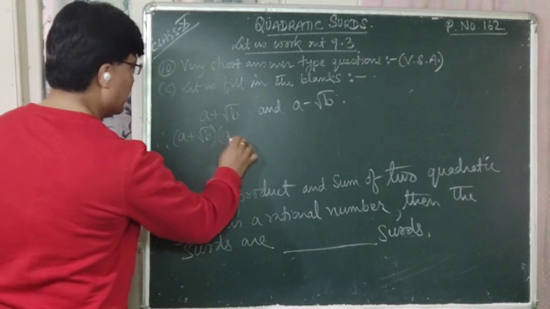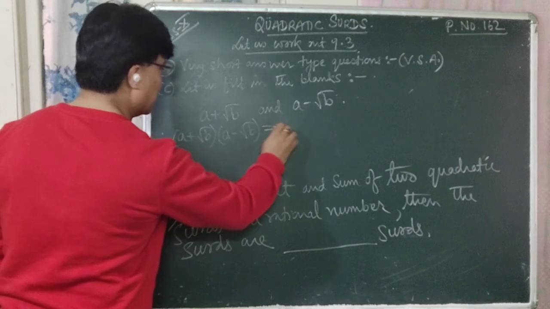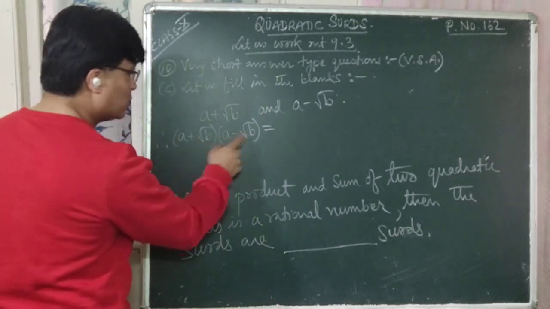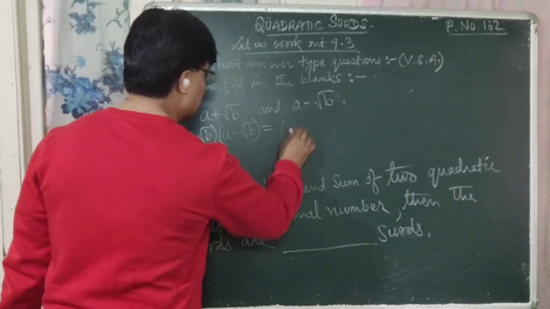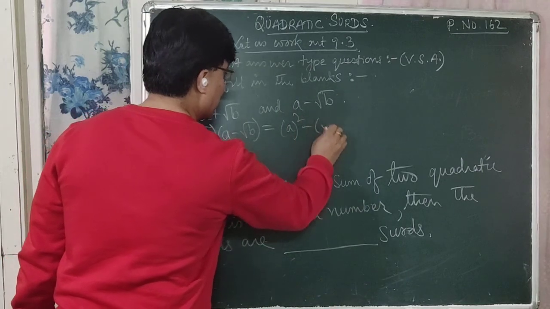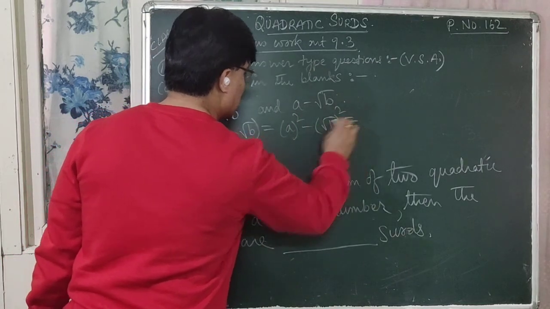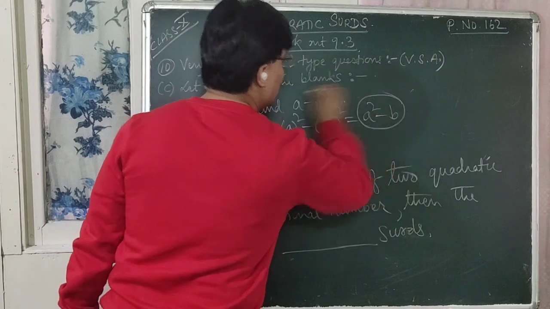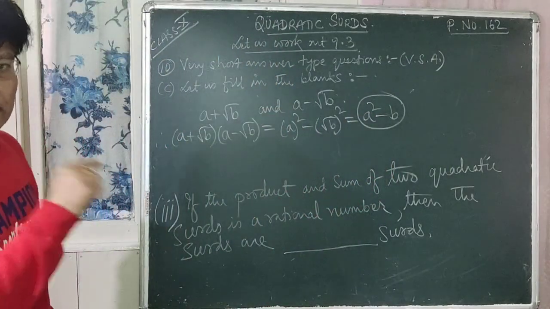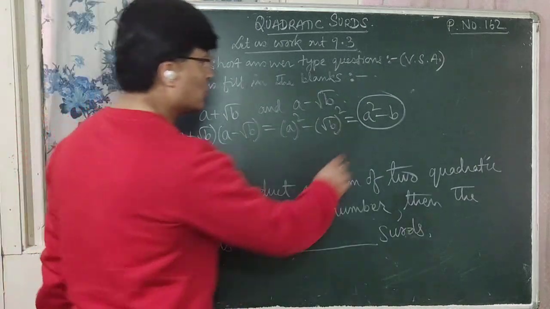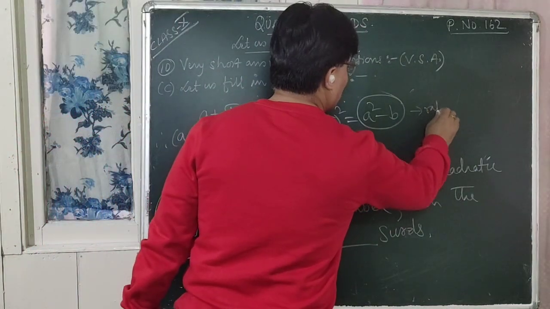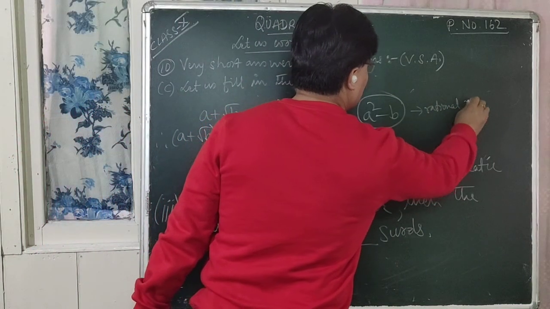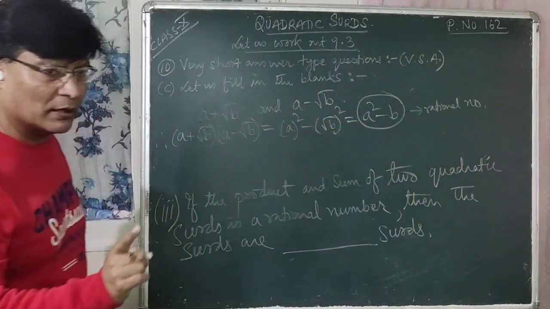A plus root b into a minus root b is equal to a square minus b. That is, a whole square minus root b whole square is equal to a square minus b. So the square root is removed from here, isn't it? So this is your rational number.